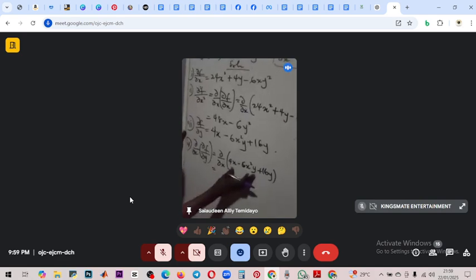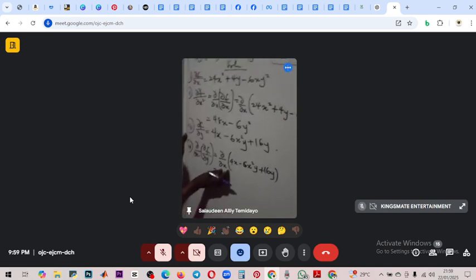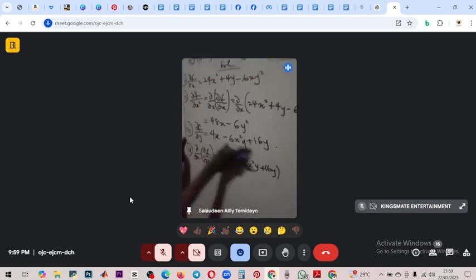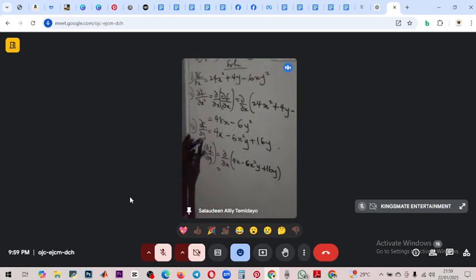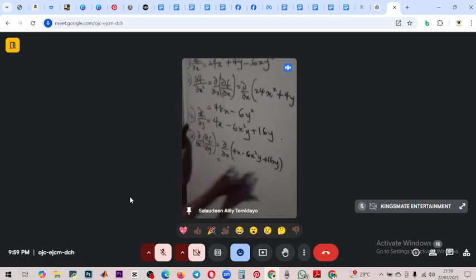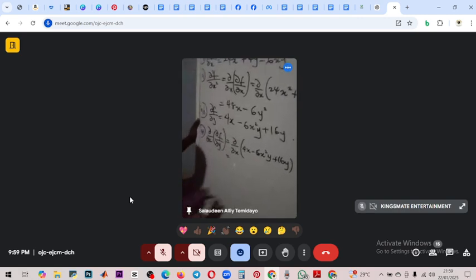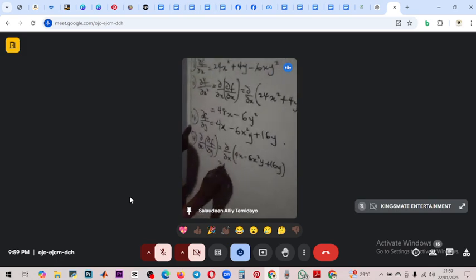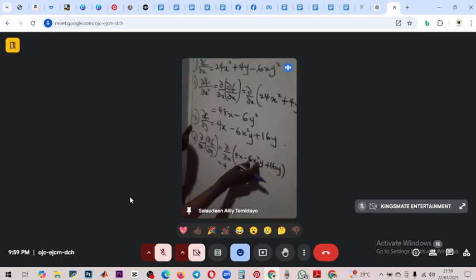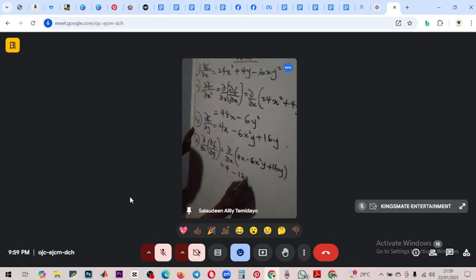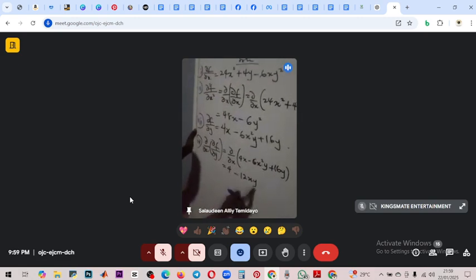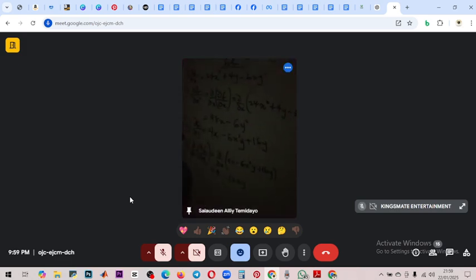I want to differentiate this with respect to x. 4x will give me 4, minus 6x²y will give me 12xy, treating y as a constant, and 16y will become 0.